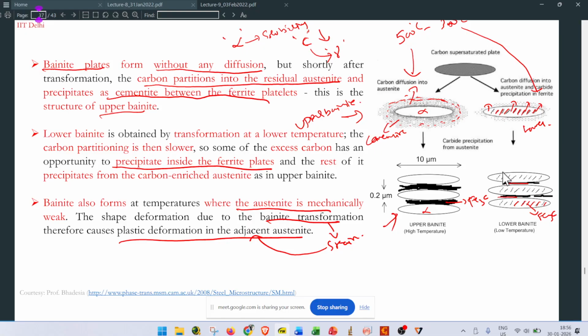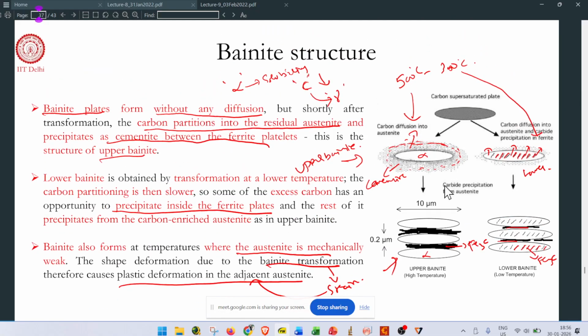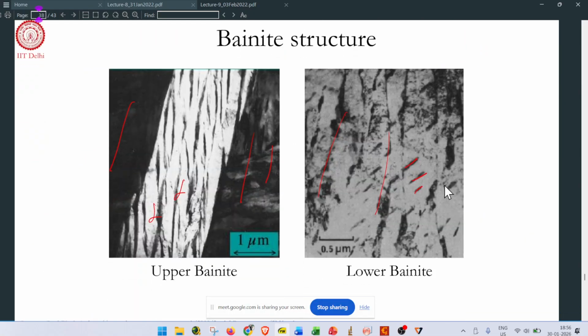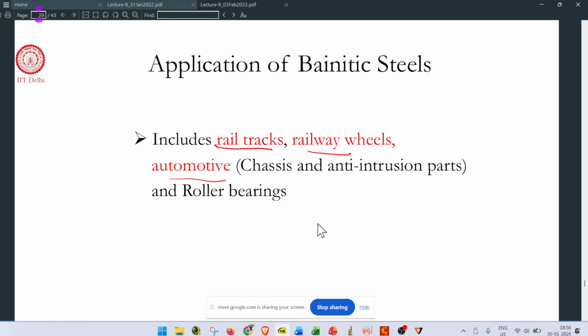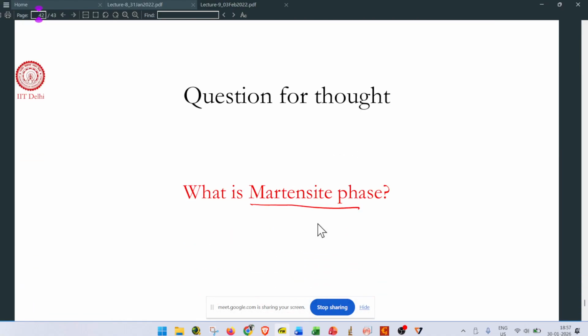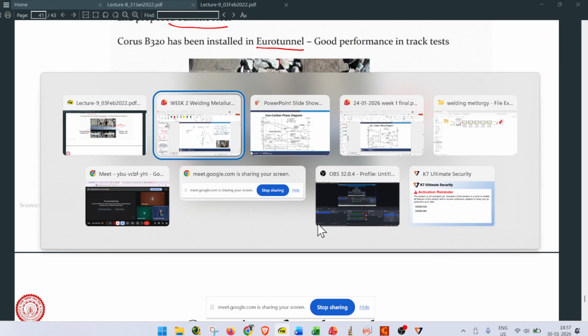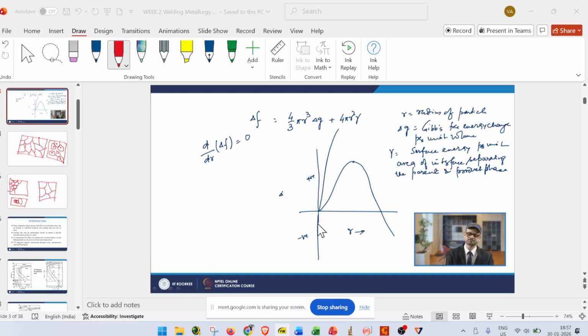This is the difference between the two bainite structures. In upper bainite, the alpha phase is surrounded by Fe3C, but in lower bainite we see needles of Fe3C inside the matrix. I think that's enough for the introduction to this part.